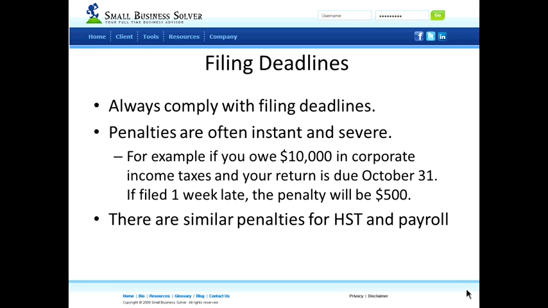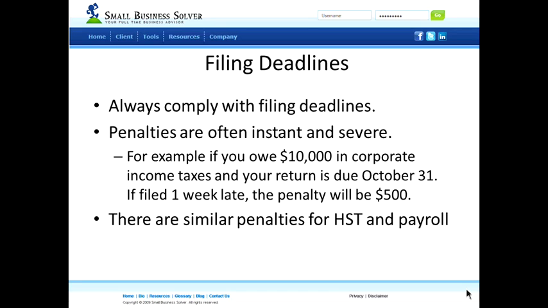Talking about filing deadlines, always try to comply with them. The most common are payroll deductions, HST, which is the Canadian sales tax on goods and services, corporate income taxes, and personal tax installments. Many of the penalties applied to you are instant and severe, being as much as 5 or 10% of the tax owing.